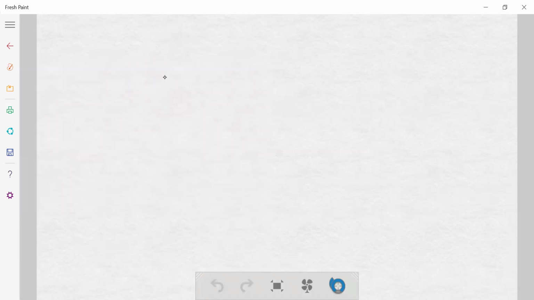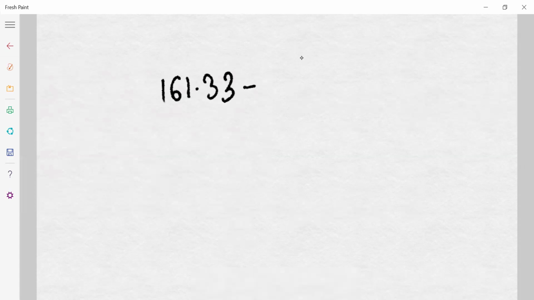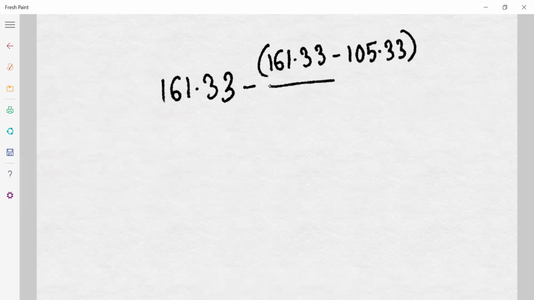So the unitary method will be 161.33 minus 105.33. This is the change that is happening along a length of 2.5 meter.